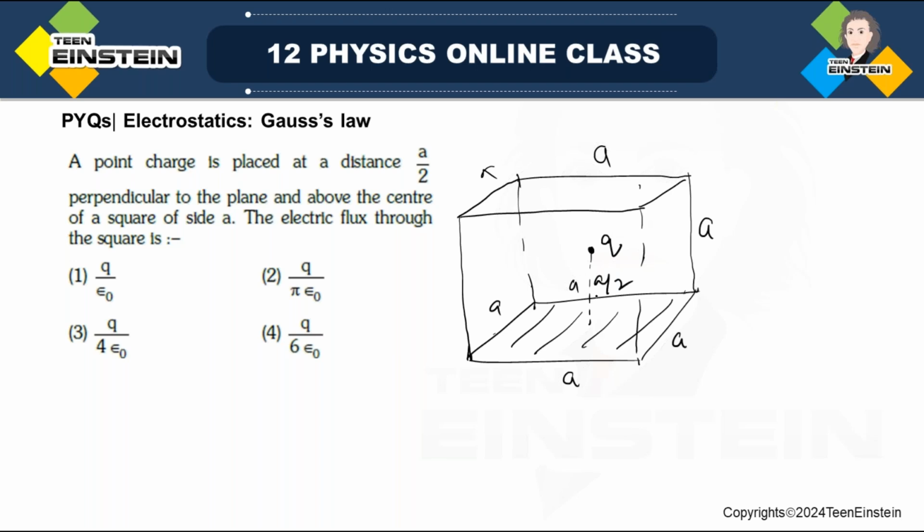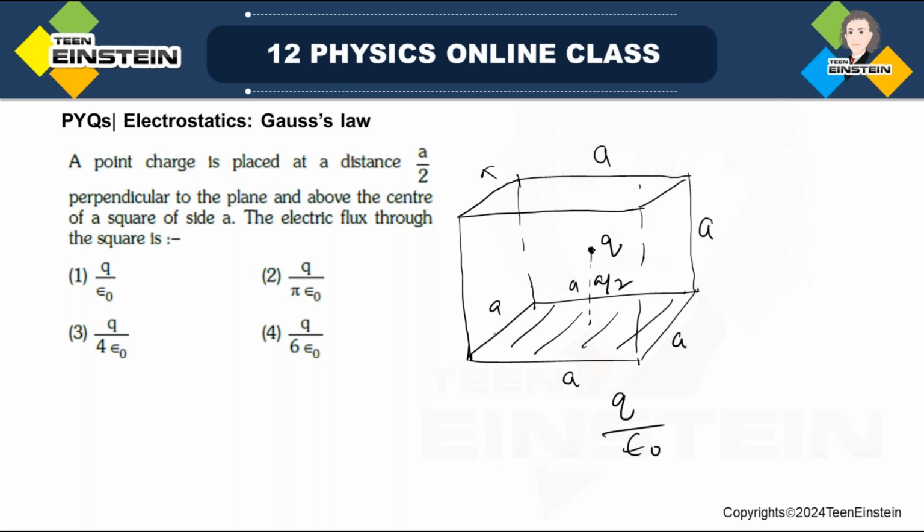So the total flux linked with all the surfaces will be Q by epsilon naught, but the flux will be equally distributed.